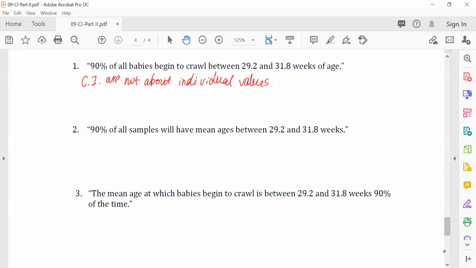So the bounds would not be 29.2 and 31.8 for every single sample. This statement would be correct if we just said 90% of all samples will have confidence intervals that cover the mean, but because we added in these particular numbers for this specific sample that the scientists took, that makes it incorrect.